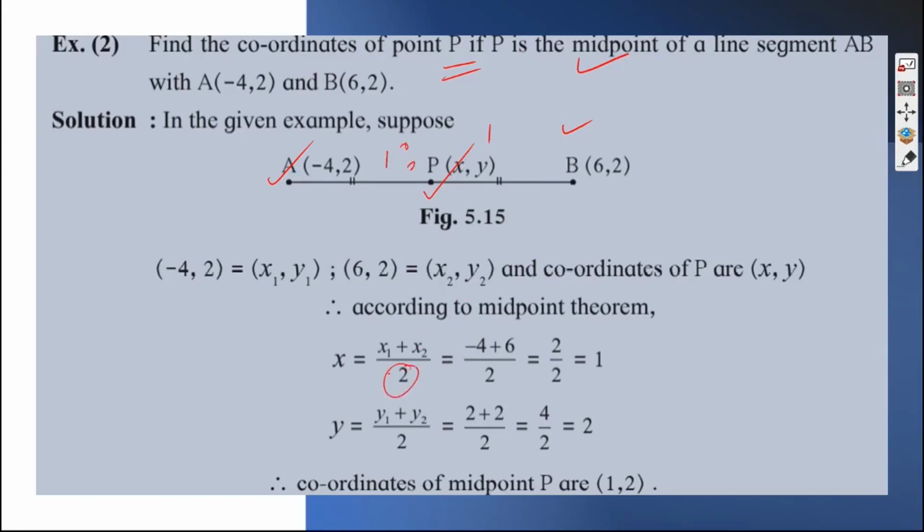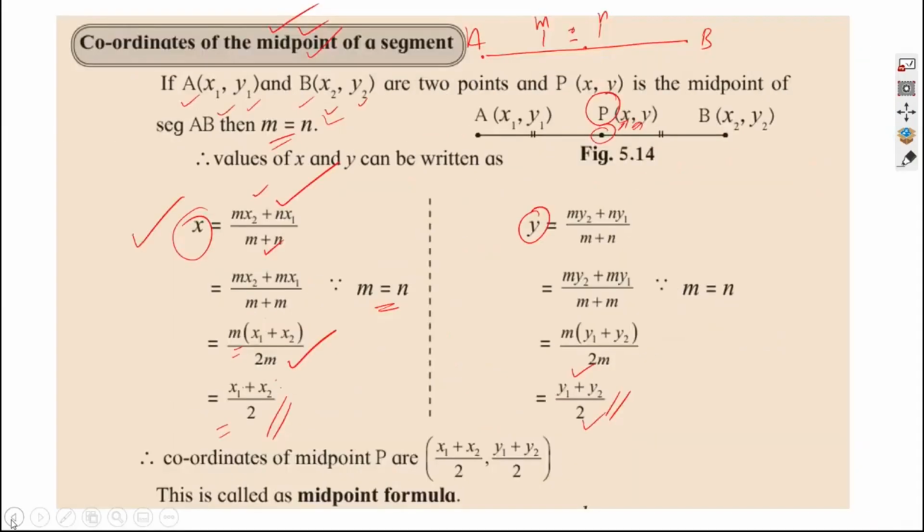Now 1:1, this is m, this is n, and in the formula m plus n is 2, so x1 plus x2 upon 2. Here it is simple because it is a midpoint, so there is no need of the formula. Without the formula you can find it because it is a midpoint. Because it is a midpoint, we did x1 plus x2 upon 2, y1 plus y2 upon 2. This becomes simple because we found the midpoint formula here. Whenever a midpoint comes, we apply the formula directly.